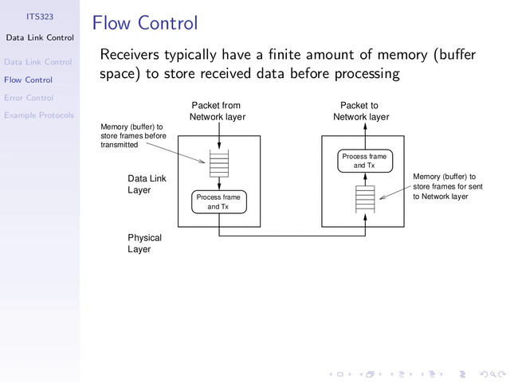So, if we have a fixed amount of memory here at the receiver, say the memory allocated for this data link layer, let's give X a number, 100 bits each frame, we allocate 300 bits as a simple example. That is, our buffer size is 300 bits.